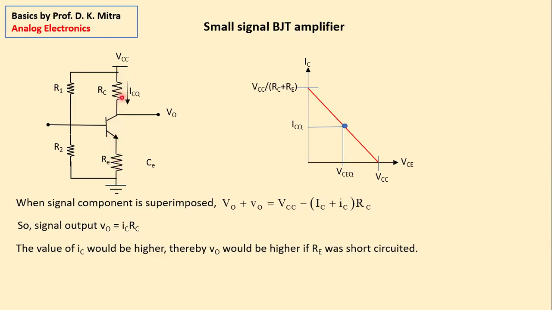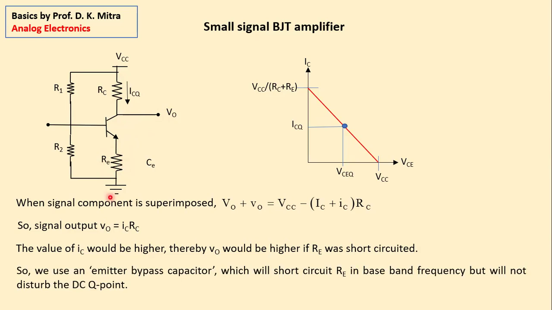But this resistance decreases the value of this current a little bit, and since it decreases the current, the output VO also decreases a little bit. That means the amplifier gain drops a little bit. This drop could be eliminated if this resistance is short circuited, but then bias instability cannot be taken care of.